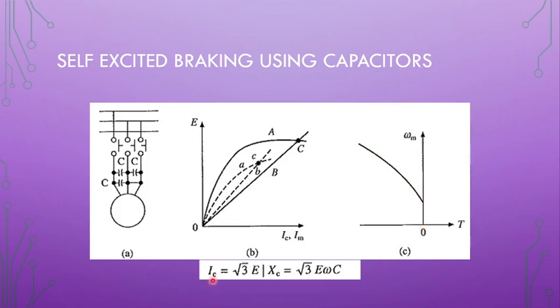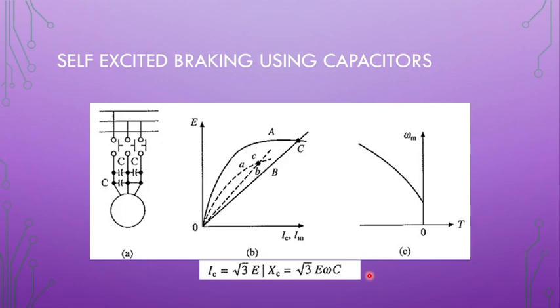The capacitor current is given by this particular expression, or the value of the capacitance can be chosen. Sometimes external resistances are connected across the stator terminals in order to get faster braking, or in order to increase the braking torque, or in case the capacitance is not sufficient to dissipate the energy.